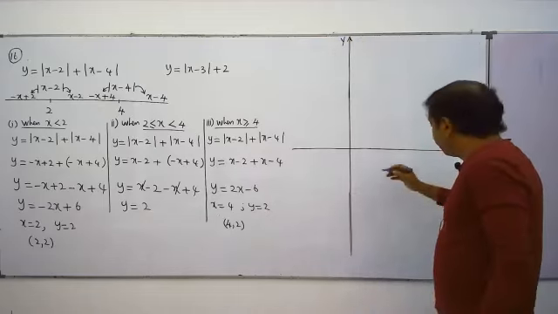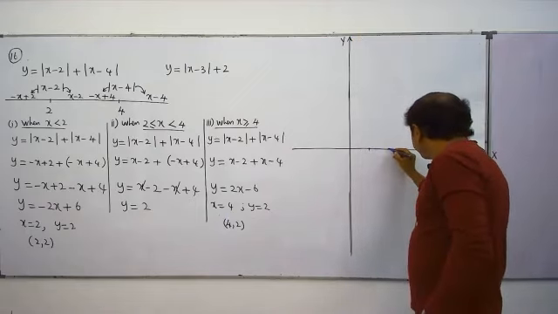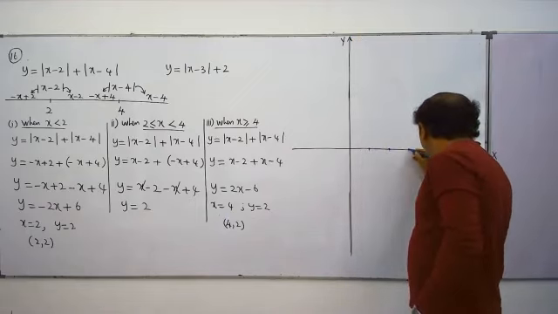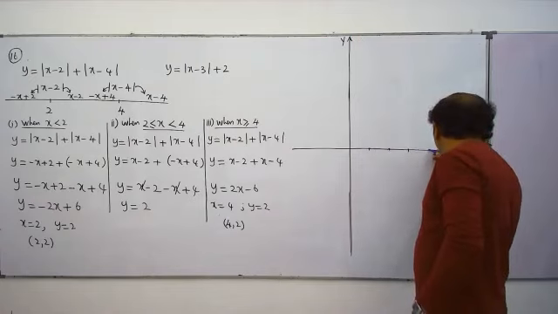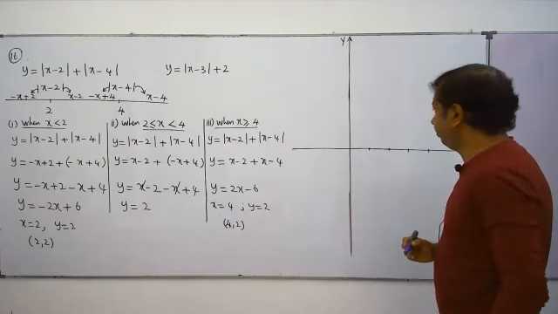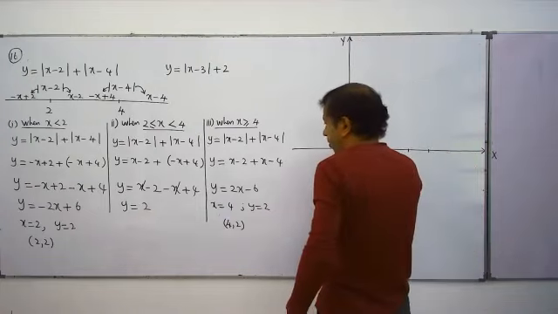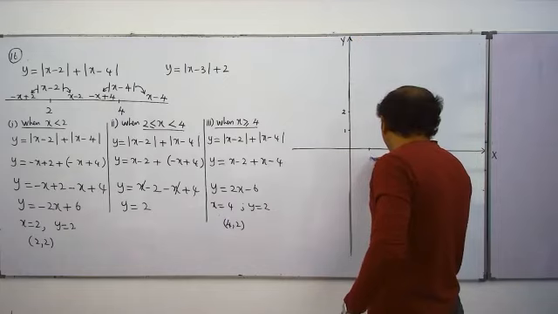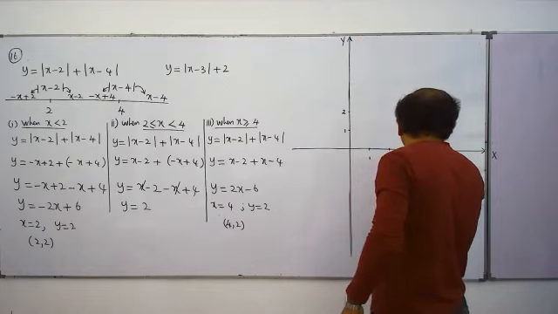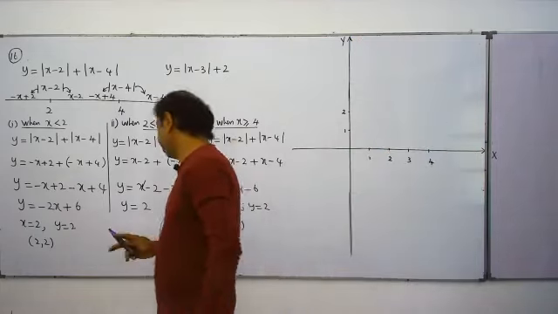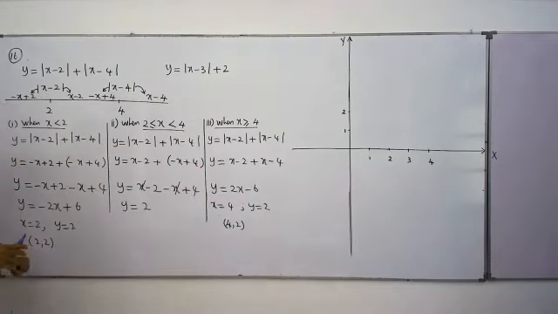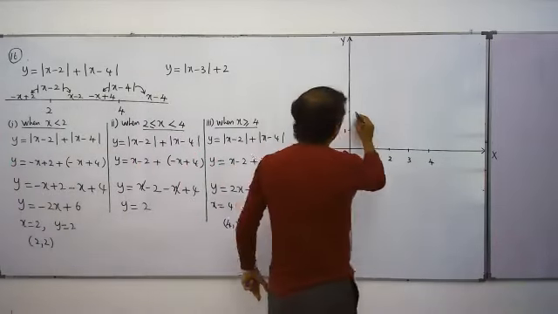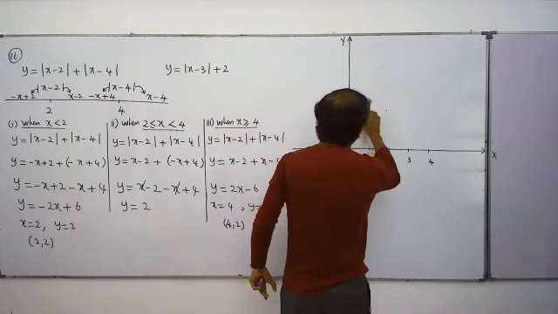Fine. I take x equals 1 here, 2 here, 3 here, 4 here. Right. Y 1 here, 2 here. Right. 1, 2, 3, 4. 2, 2 is 1 point. 2, 2 point is people this, no? 2, 2 point is this.